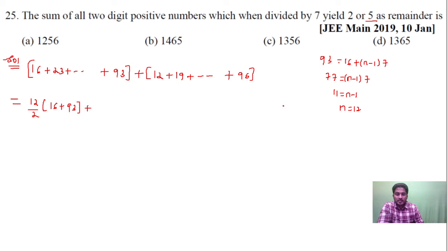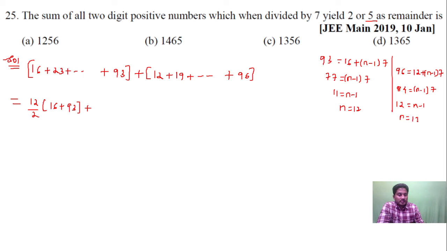And then plus again, suppose last term 96. 96 is equal to a plus n minus 1, that is 12 plus n minus 1, difference is 7. So this is 84. 84 is equal to n minus 1 into 7. So this will cancel with the 70, right? 12 is equal to n minus 1. n is equal to 13.